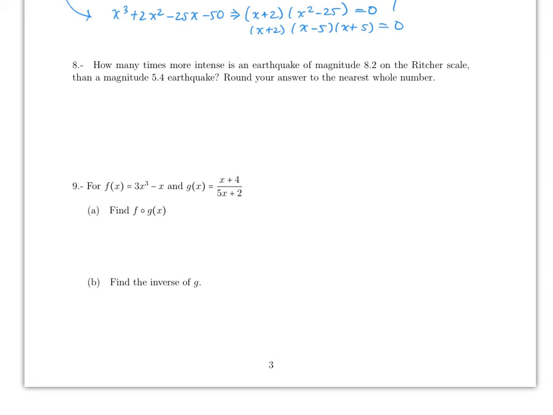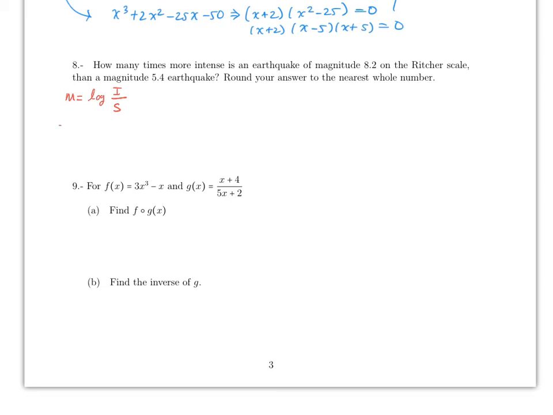All right, number 9 is talking about earthquake magnitudes, which has to do with logs. Remember, the formula which you can use on the exam is the following. The magnitude is equal to log base 10 of the intensity divided by S, where remember S is always given.